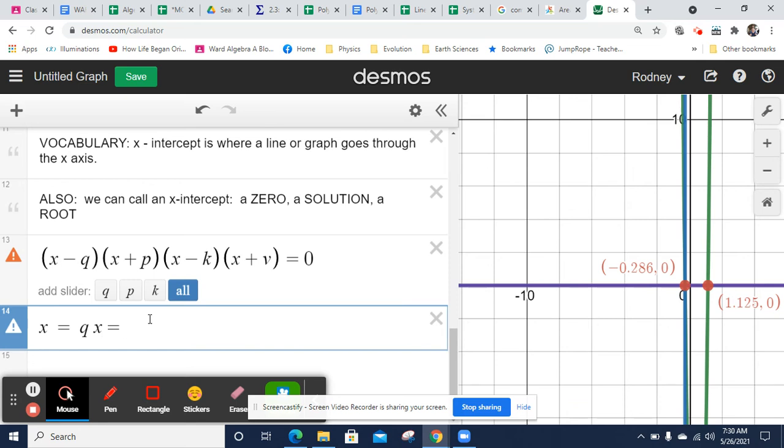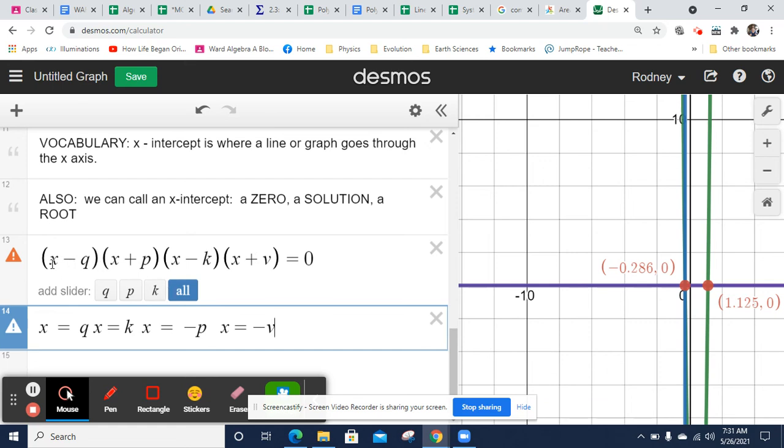I'm sorry, not p, k. Those are two x-intercepts because q minus q is 0 and k minus k would be 0. I could also say x is negative p because negative p plus p would equal 0. And I can say x equals negative v because negative v plus v would be 0.